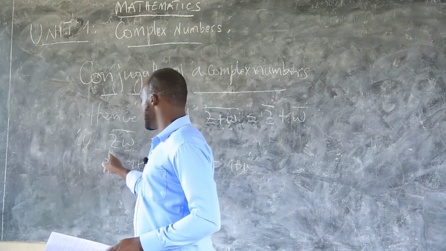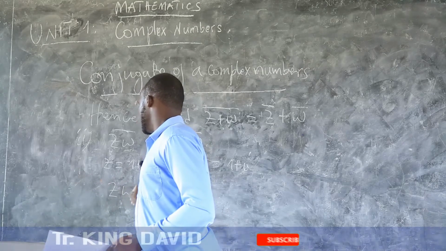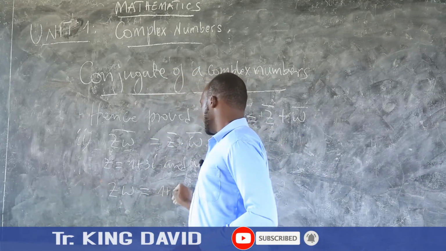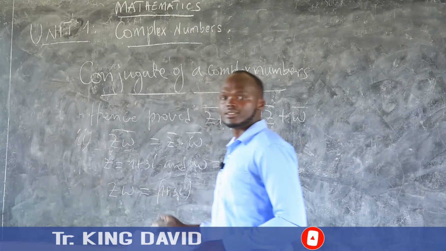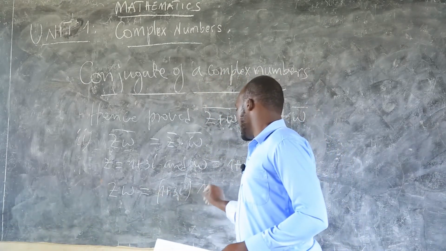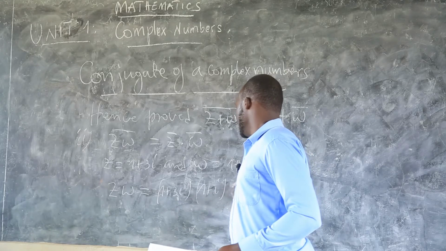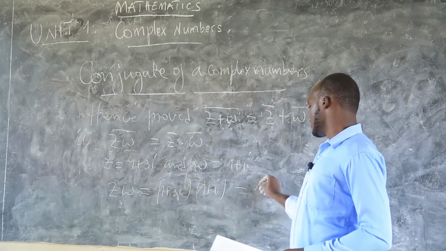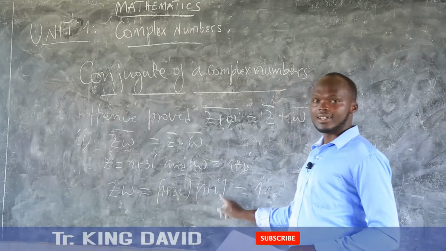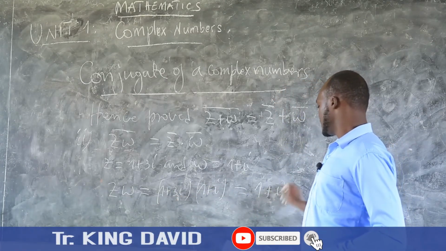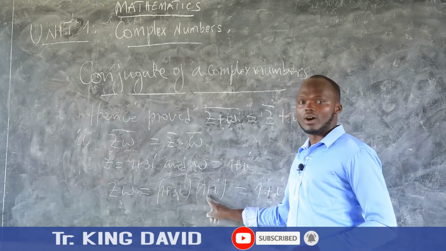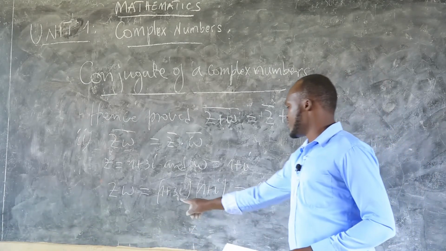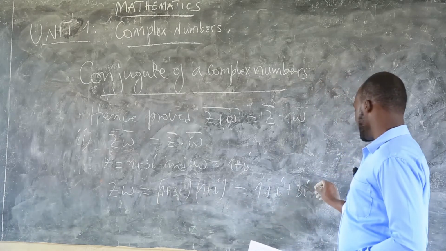Now, let's start with Z times W. It is 1 plus 3i into bracket 1 plus i. So now the answer is 1 times 1, that is 1. 1 times i, that is i. 3i times 1, that is 3i. 3i times i, that is 3i squared.